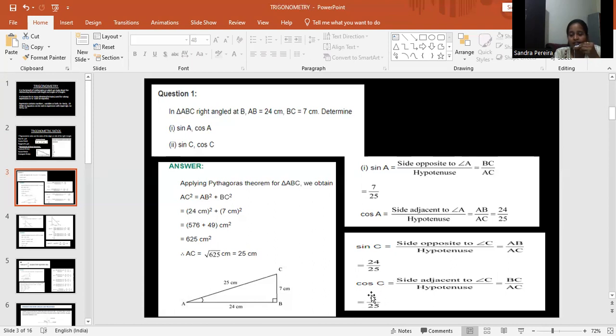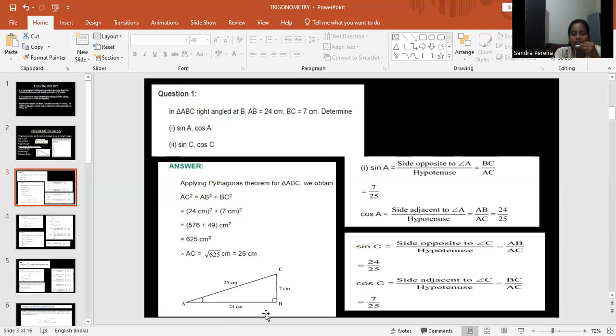Now we will find cos C. We know that cos C equals base by hypotenuse. And base is what? Adjacent side of the given angle. So we are using angle C, and the adjacent side of angle C is this one. We can't take the opposite side of angle C, because opposite side of the given angle is always taken as perpendicular.